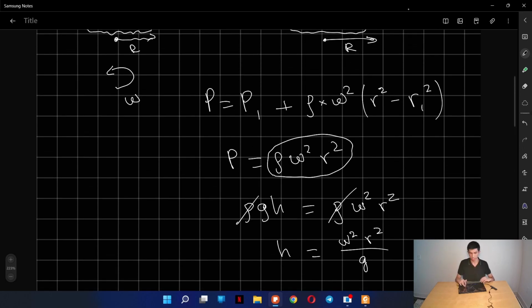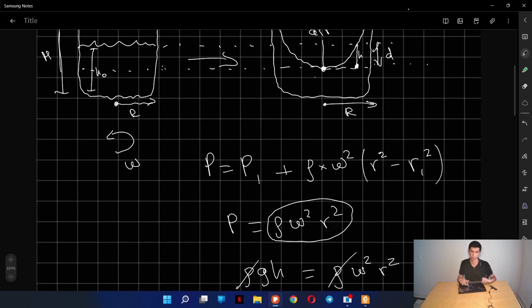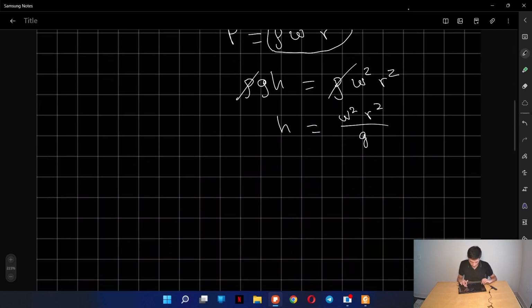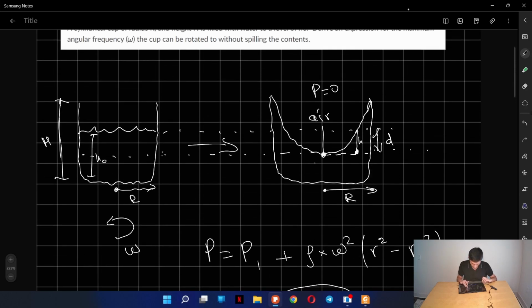So this is how we determine the height of the water at any specific radius. It's how the water rises as we rotate it.